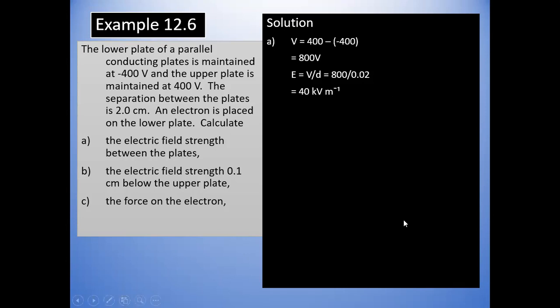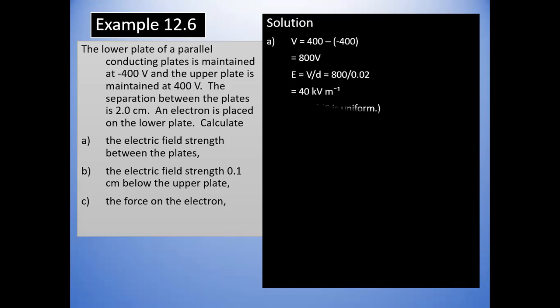They say below the upper plate. The upper plate is 400 volt. So 1 cm below, the separation is 2 cm. 400 divided by 0.1... no, 400 divided by 0.001. No, it's a uniform field.